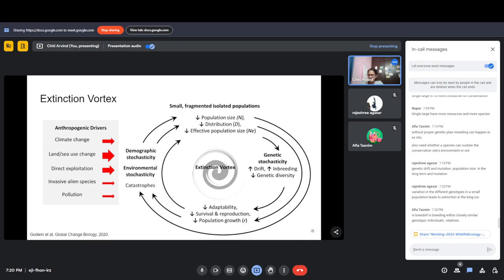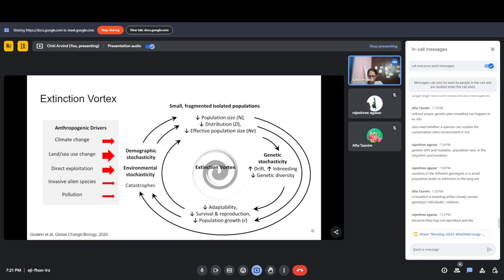So actually what is drift? Basically if there is variation in genetic makeup, which means genetic diversity, there will not be any extinction, right? Because there will be a high degree of genetic variability.